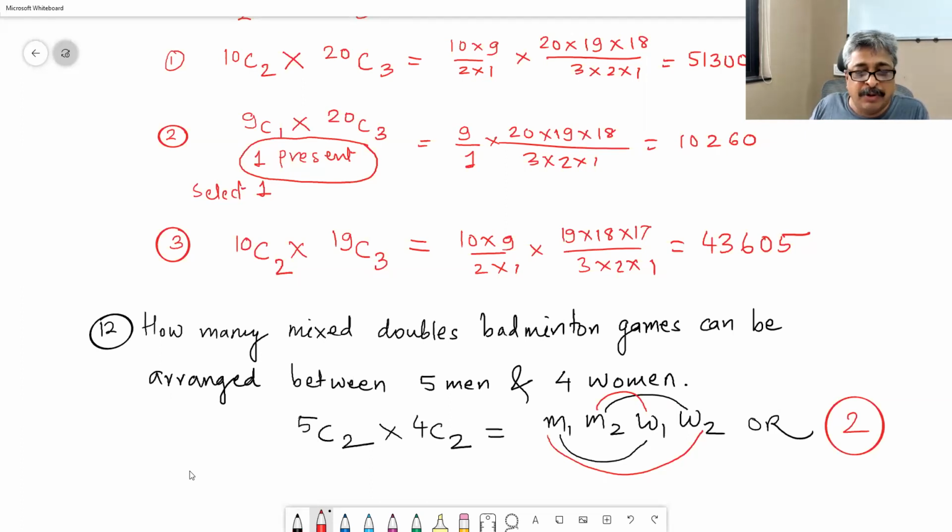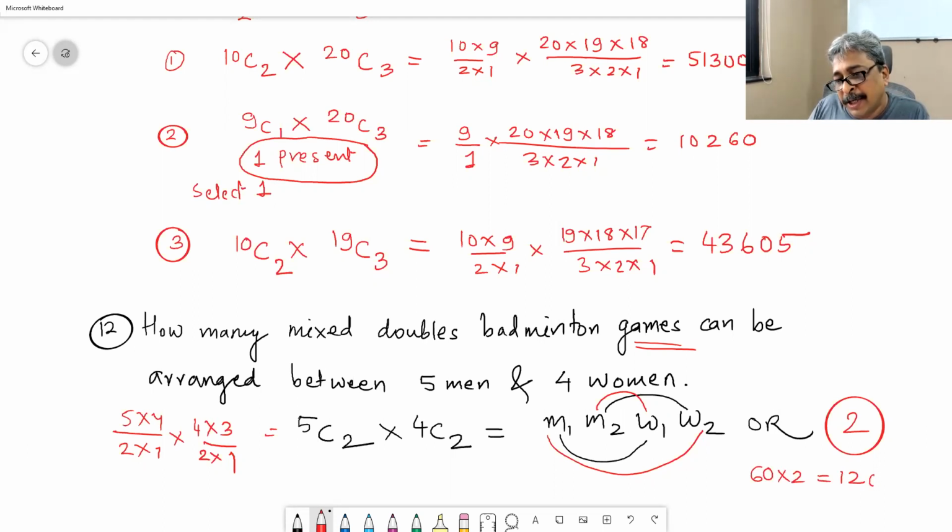So whatever answer we get is multiplied by 2 to give the total number of games that can be arranged. What is the answer? 5 into 4 upon 2 into 1, into 4 into 3 upon 2 into 1. I think that it's 60. 60 into 2 is equal to 120. Right?